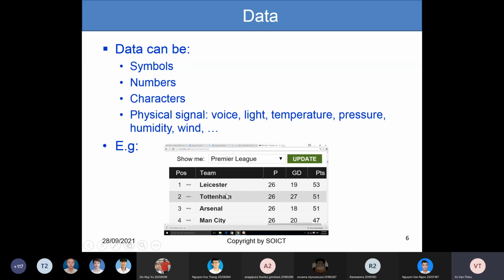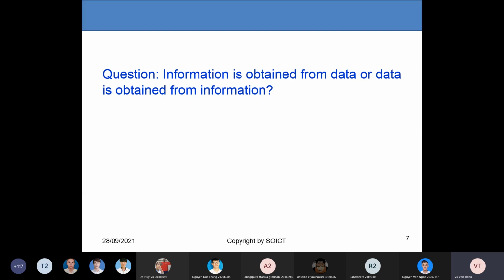So data is a physical representation of information. The first question. So information and data, which one appears in advance, or which one is obtained from the other one? Okay, Tống Duy Anh, can you answer this question?